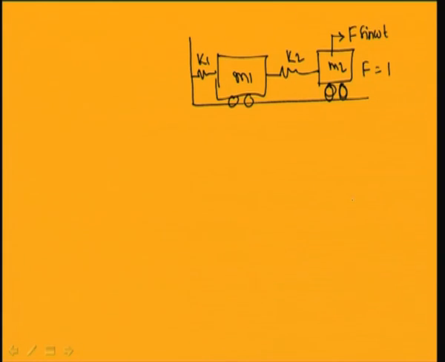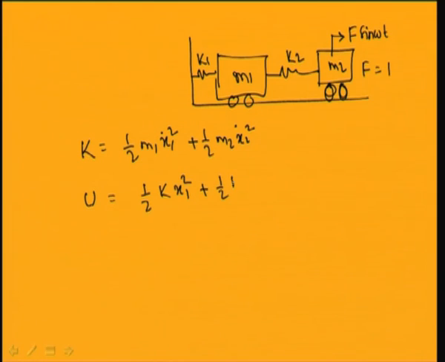So, if I take the same mass and stiffness properties of the system, I can write the equation of motion by using the Lagrange principle. So, I can write the kinetic energy of the system equal to half m1 x1 dot square plus half m2 x2 dot square, and potential energy U equal to half k1 x1 square plus half k2 (x1 minus x2) square. Similarly, the work done I can write equal to the displacement into this force.